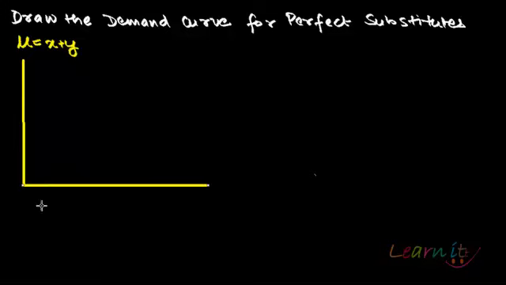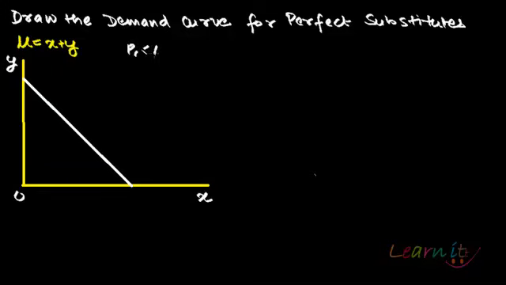The IC is going to be like this for this utility function. So this is x and this is y. What have we said in that recording?